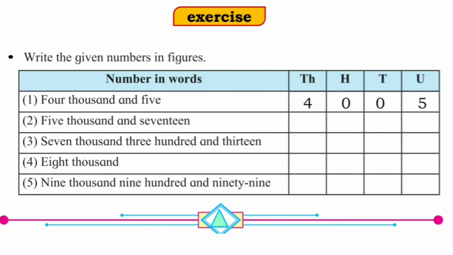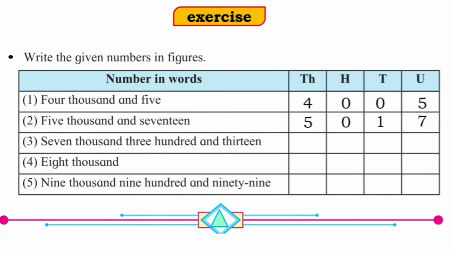Now the next number is 5017. So here we will write 5 in thousands place as we have 5000. Now the given number has no hundreds. So we will write 0 in hundreds place. 17. 17 has 1 ten and 7 units. So we will write 1 in tens place and 7 in units place.